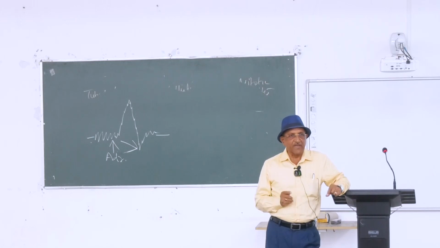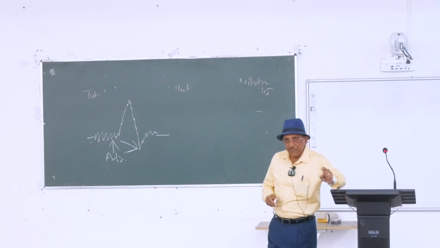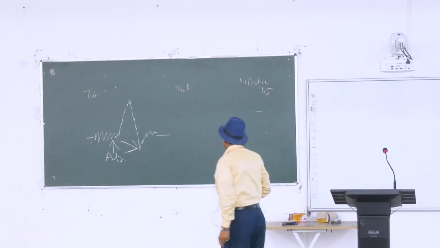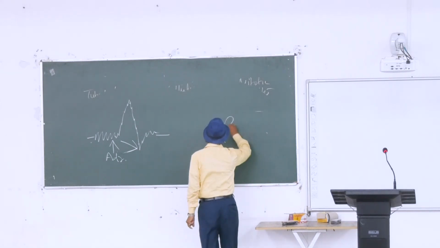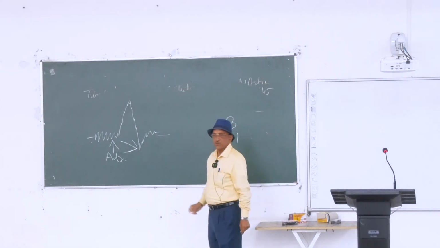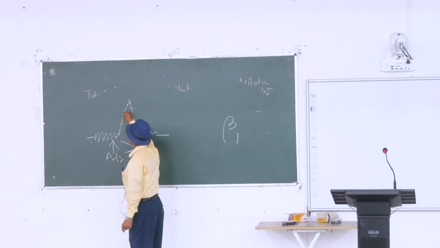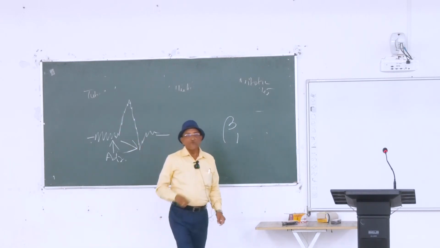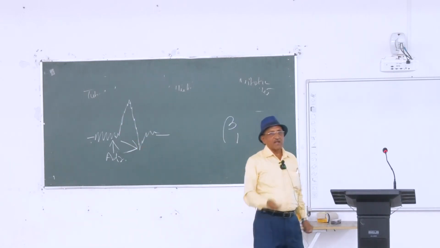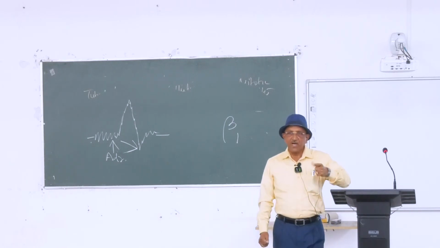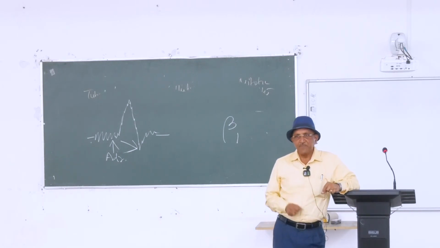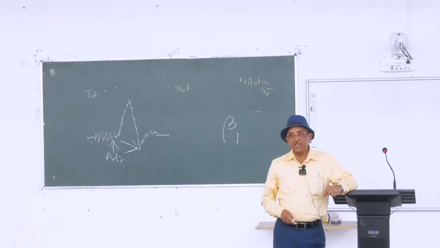It is a beta 1 effect. So positive inotropic, positive chronotropic by beta 1 receptor. The additional component of adrenaline by which it helps to raise the blood pressure is the alpha receptor.